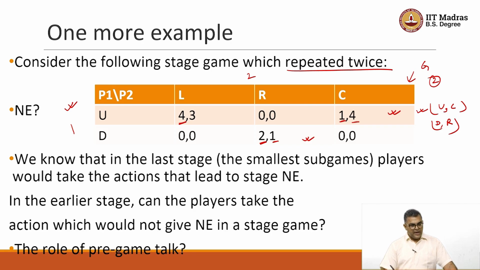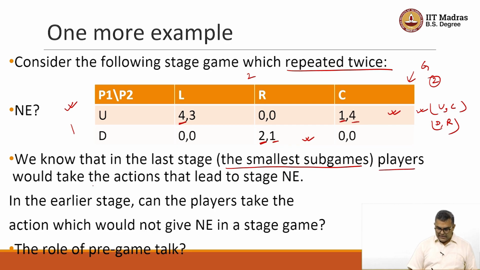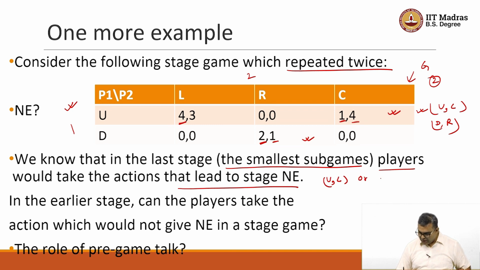Now we have figured out that in the last stage, the smallest subgame, players would take actions that lead to a stage-game Nash equilibrium. So in the second stage, either they are going to play U comma C or D comma R, because if they don't do this, it's not going to be an equilibrium.